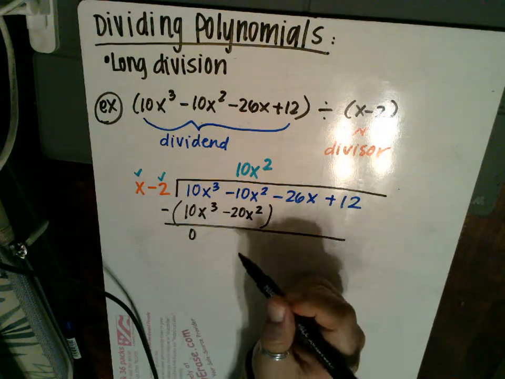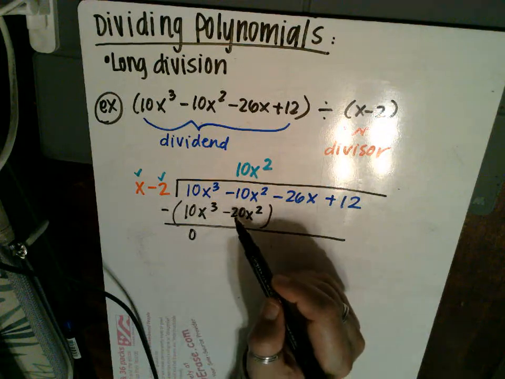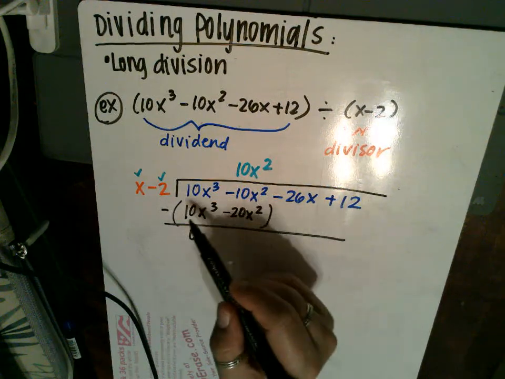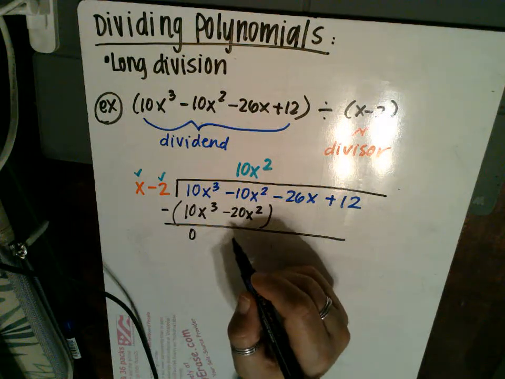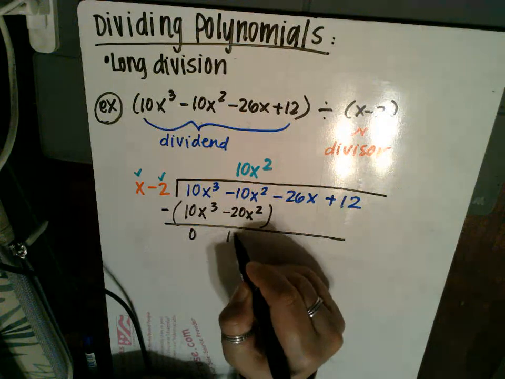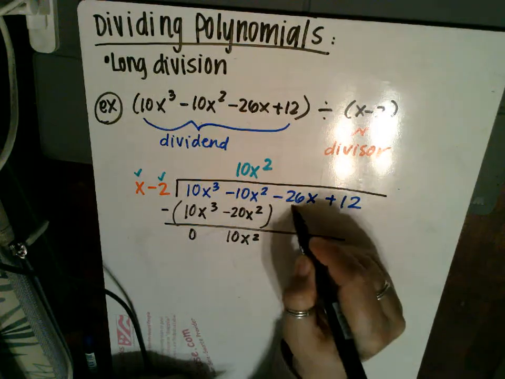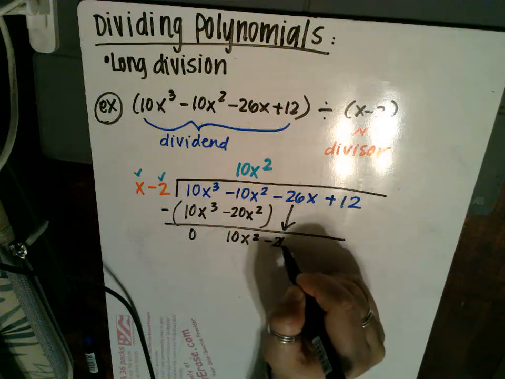It's exactly what I wanted. Negative 10x squared minus negative 20x squared becomes negative 10 plus 20, which is 10x squared. And I'm going to drop down the next term, minus 26x.